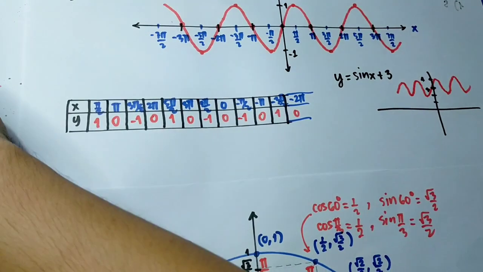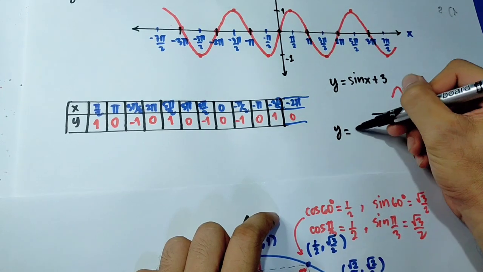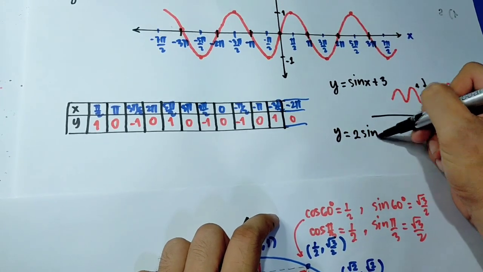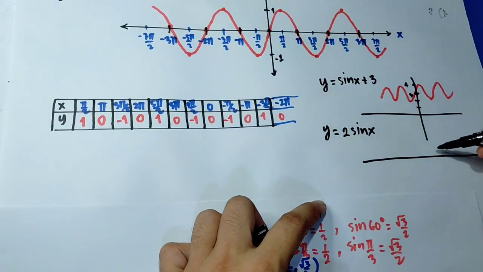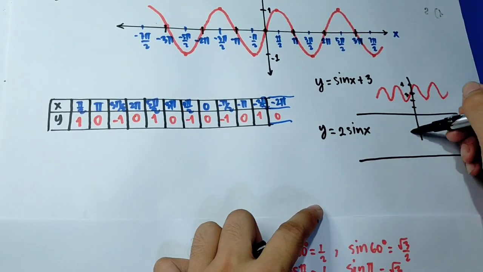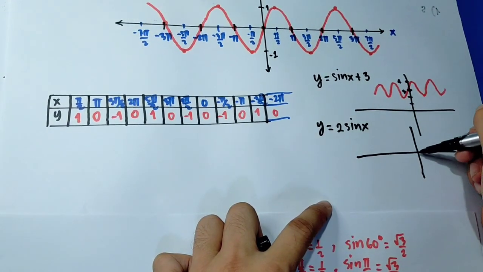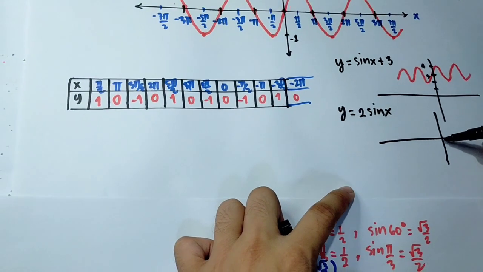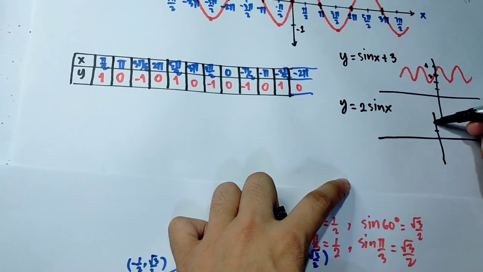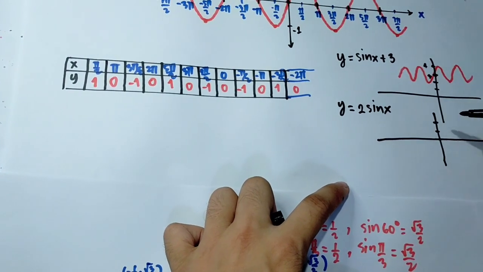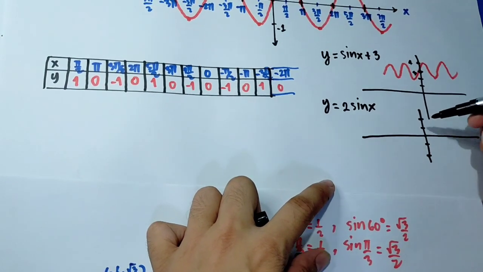Now, if the function is given like this, y equals, say for example, 2 sine x, then the graph would change. So how does it look like? It's gonna be like this. Now it's the same. It still intercepts at 0 or the origin, but this time the length of your y will increase by 2.